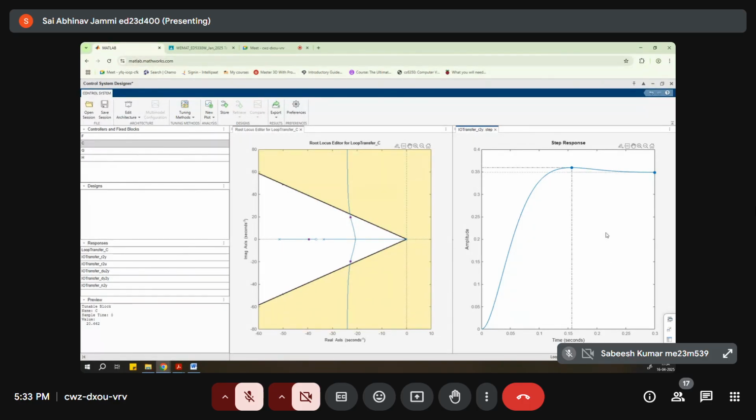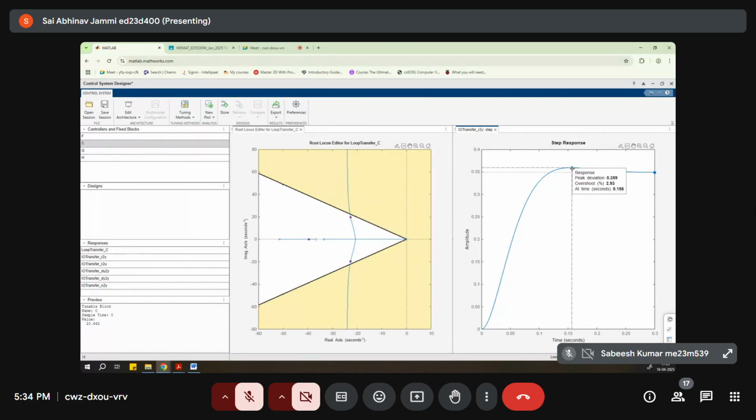Now, what is the KP value? Where is my KP value now? Can you see it? You have to just point on the point now, and it will reflect the value of KP if I'm not wrong, right? Where should I point out? Step response, the point that you have, yes, there. So overshoot. This gives the characteristics of the plot, not of the KP.